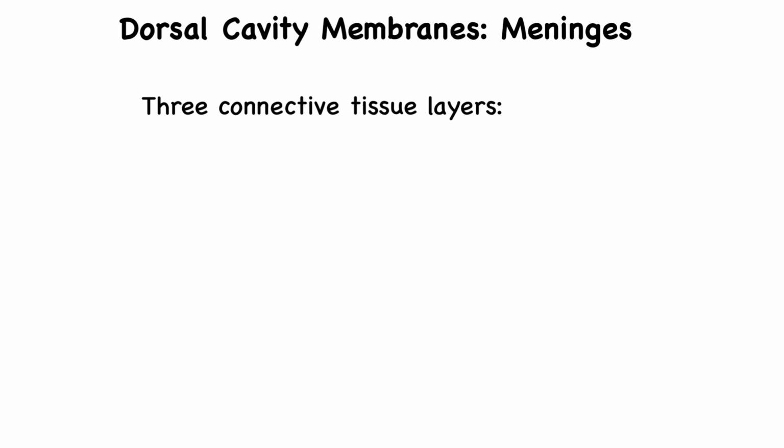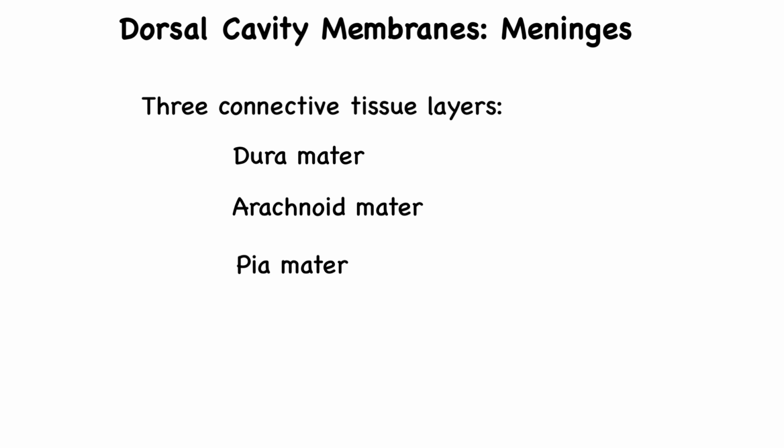They include the dura mater, the arachnoid mater, and the pia mater. These layers provide both physical protection and help circulate cerebrospinal fluid, which cushions the brain and spinal cord. In the video on the central nervous system anatomy, we will cover the meninges in more detail.